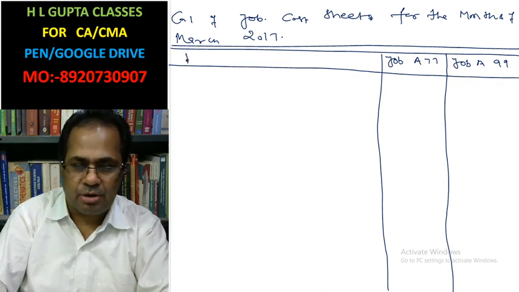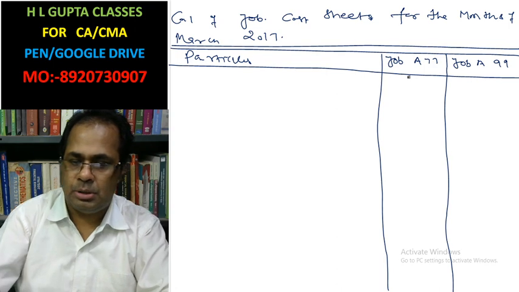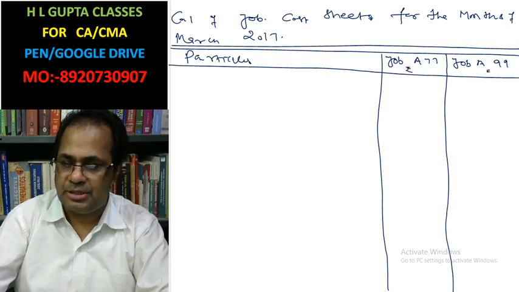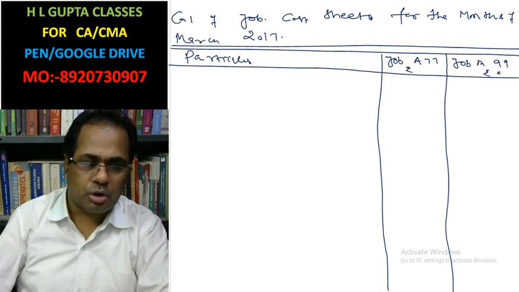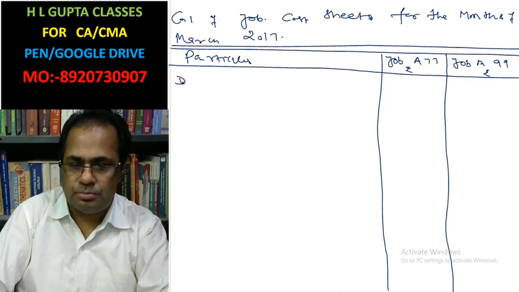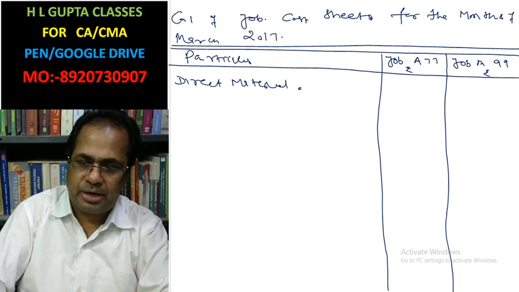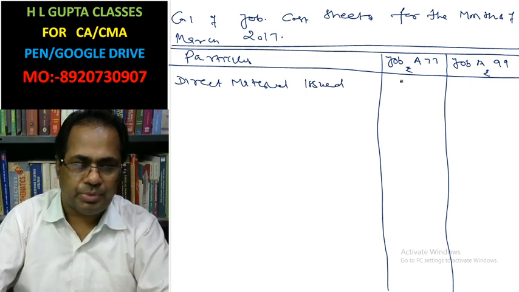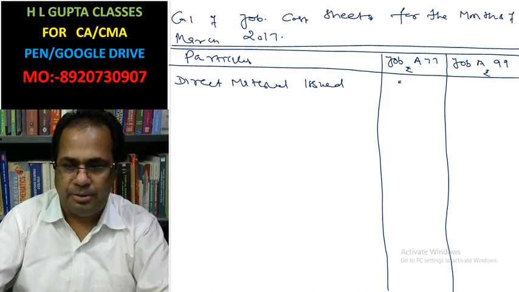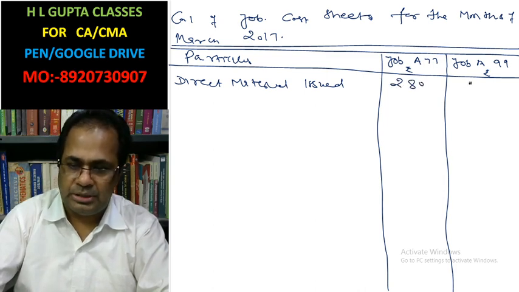These are the particulars. This is information in rupees. Okay, direct material issued. Job A77 is 280, and this is 120.